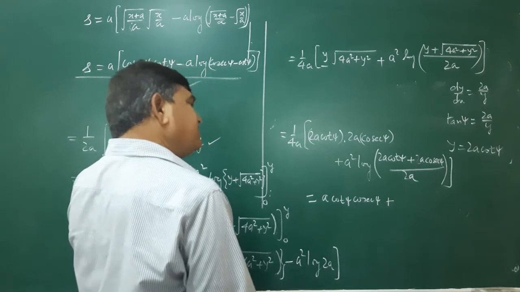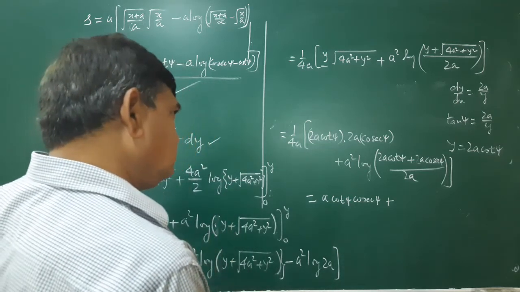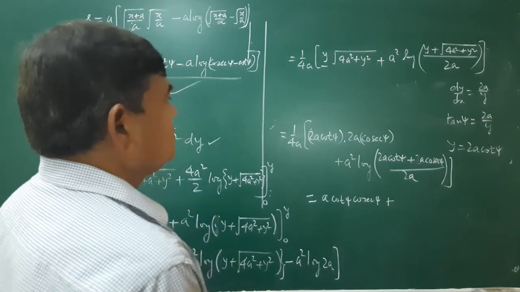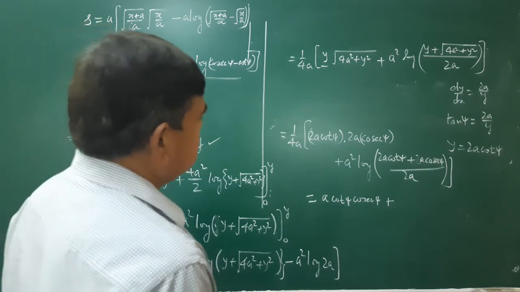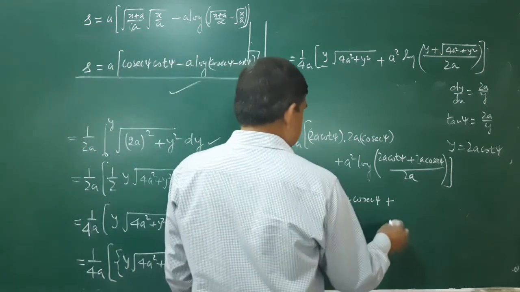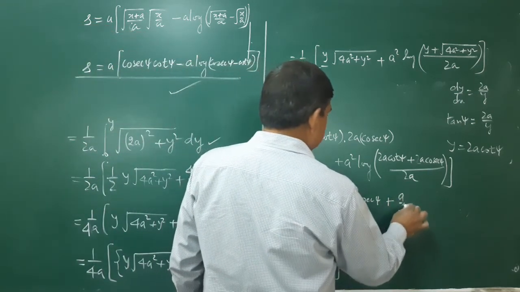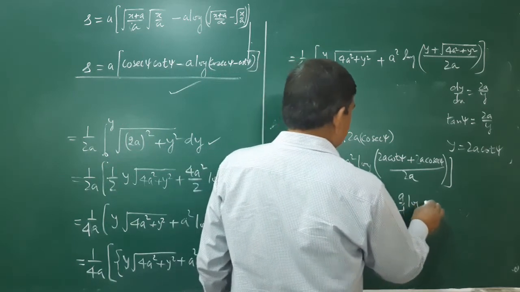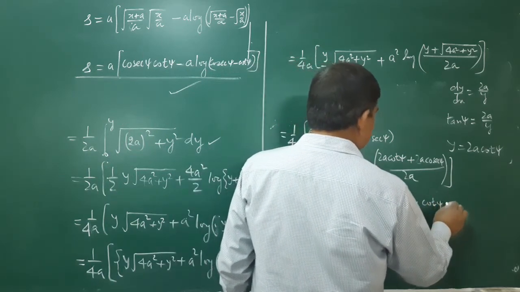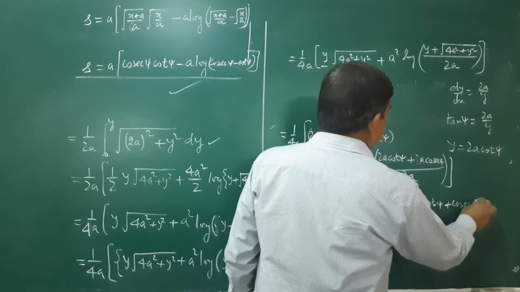So what is left? 2a and 2a is cancelled out. It is a by 4. It is log cot psi plus cosec psi.